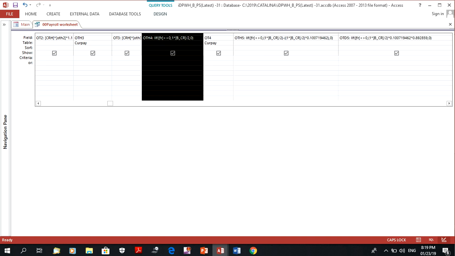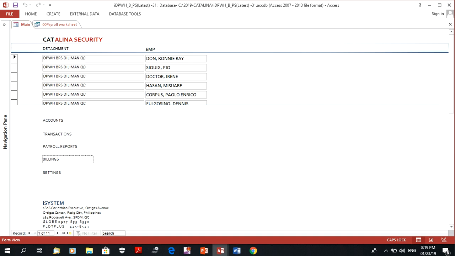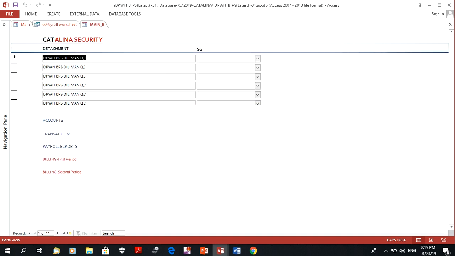So again, we're talking about OTH4, where we will not be detailing much on this definition, but just briefly, these are the definitions coming from the billings here.